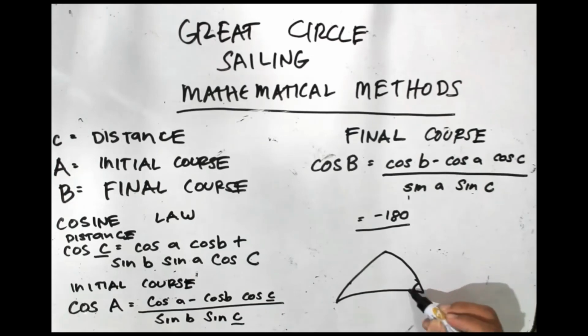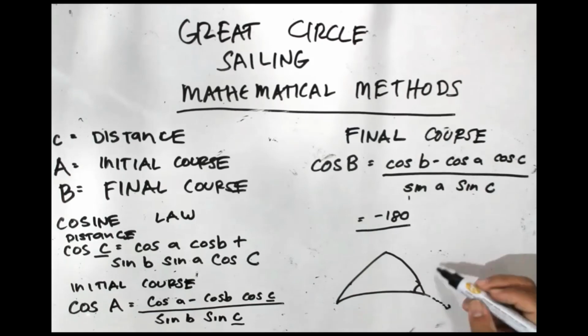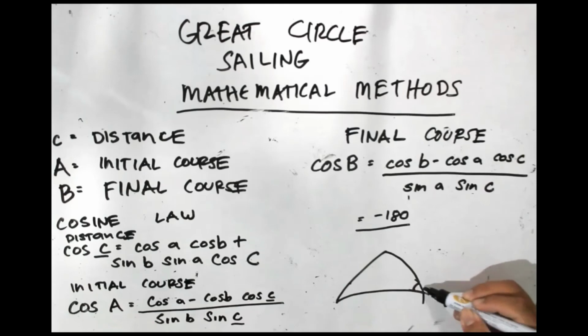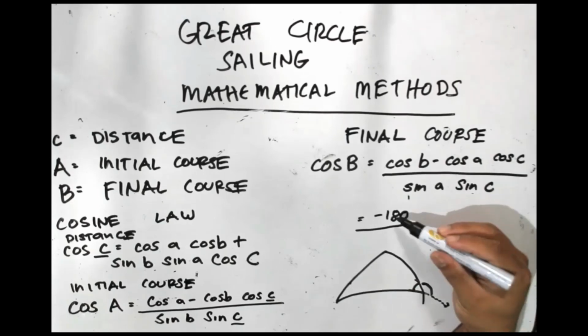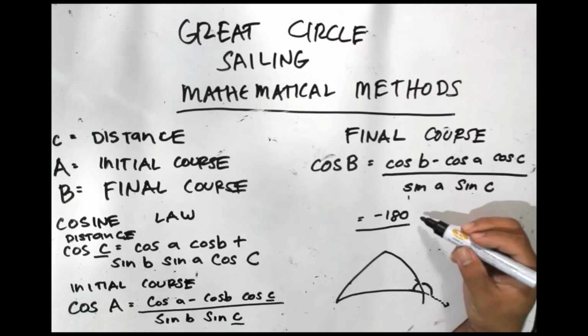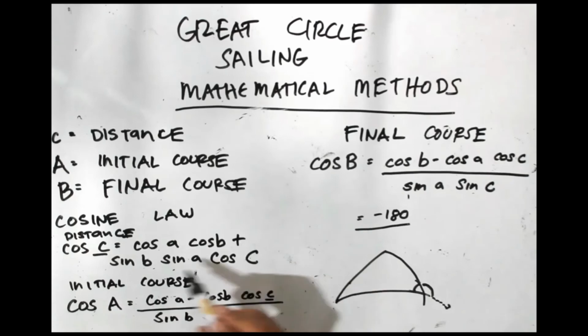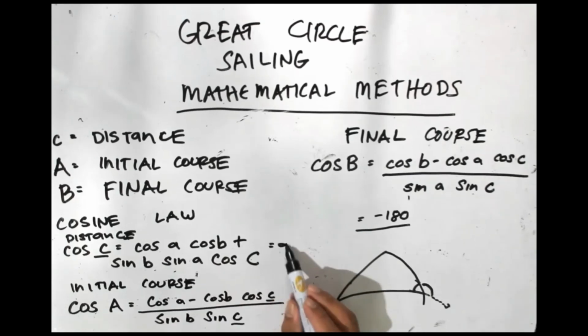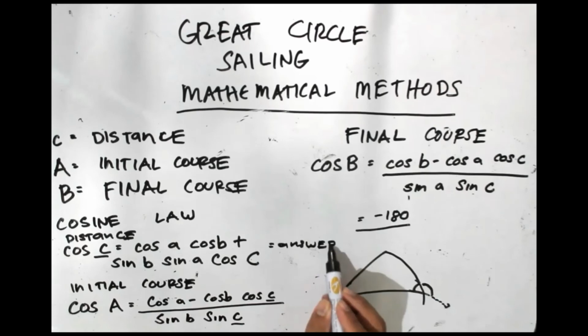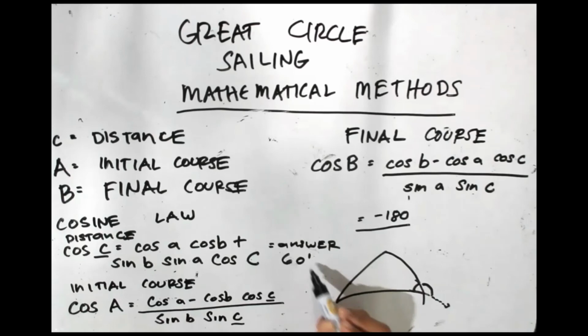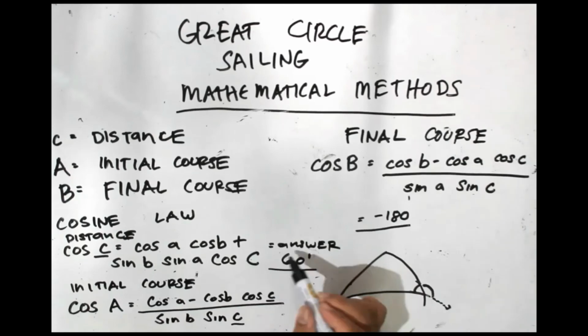Ito yung hinahanap natin, yung course, yan, yung course na yan, yung direction na yan, no? So, yung hinahanap natin ay yung itong angle na to, no? So, we will get the reciprocal of the final answer by minus 180. Okay? And remember ulit dun sa distance natin, the answer niya ay, multiply niya yan ng 60. Okay? 60 minutes. Kasi kukunin natin yung nautical mile, yung answer dyan.